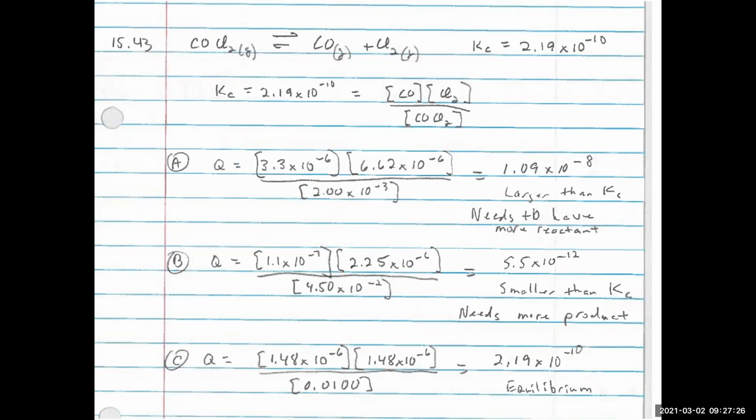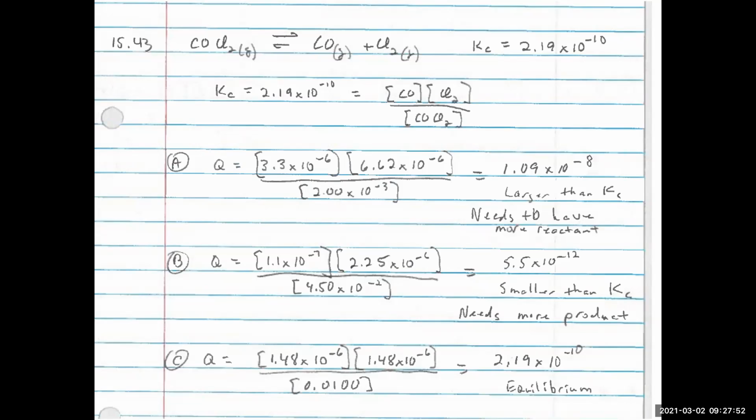Form more product or go back and have more reactants. And once again, as I said earlier, if you can just remember this, all we're saying here is products over reactants, products in the numerator, reactants in the denominator. It really is that. If you can break it down that basic, that'll be really helpful, I think.